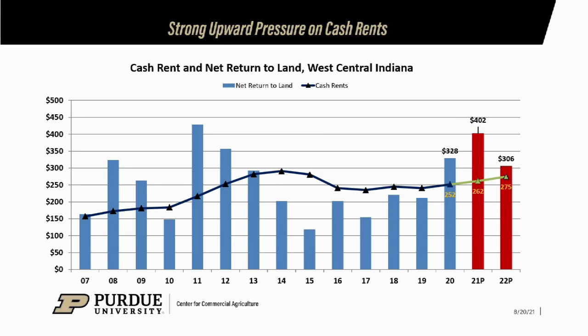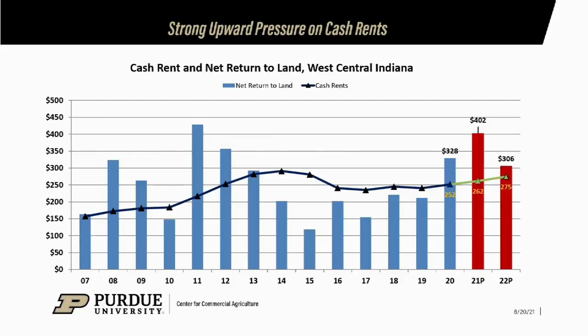So with these strong net returns, I would expect an increase in cash rent of more than inflation. That's why I put that band of 5 to 10% for 22. Yeah, so on the chart, you've got that shown at 275 in 22 versus 262 in 21, and that's only 5%. That's being conservative. Yeah, so it could easily exceed that. Todd, do you agree?